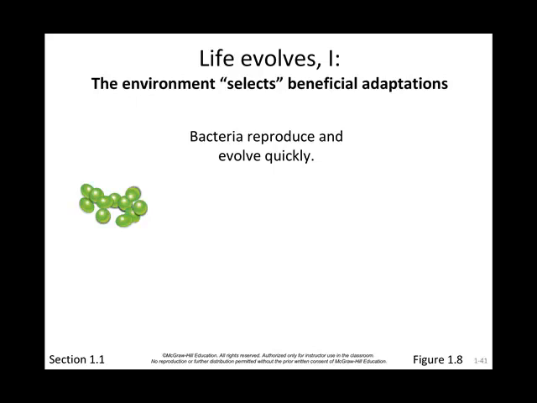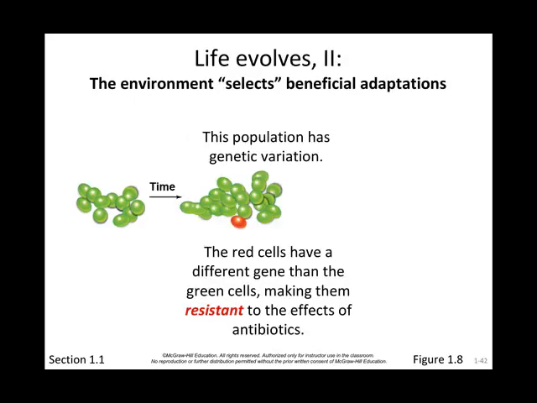Let's go back to the bacteria again. As you may already know, bacteria reproduce very quickly, every few minutes for some species of bacteria. So you can imagine that they have millions of offspring in a short period of time.